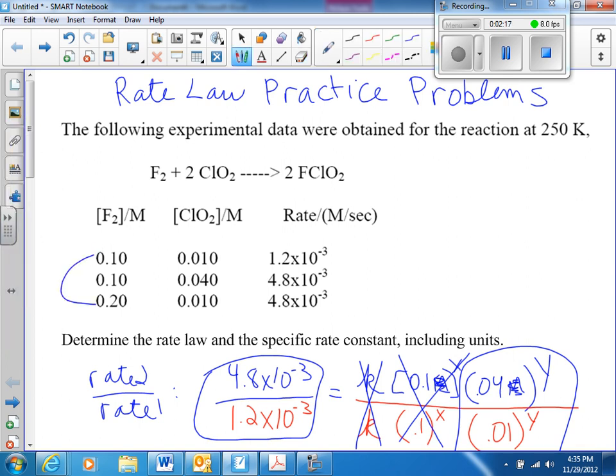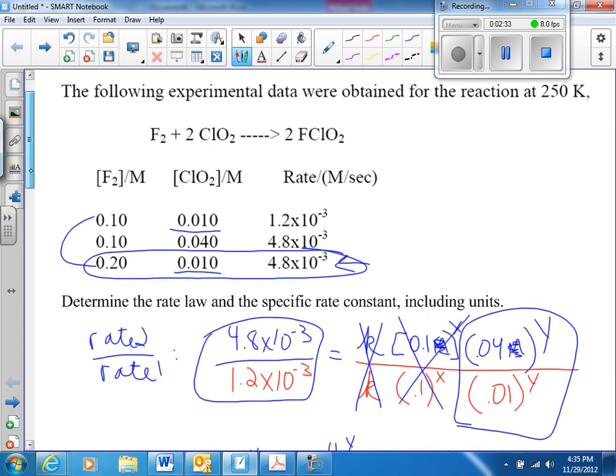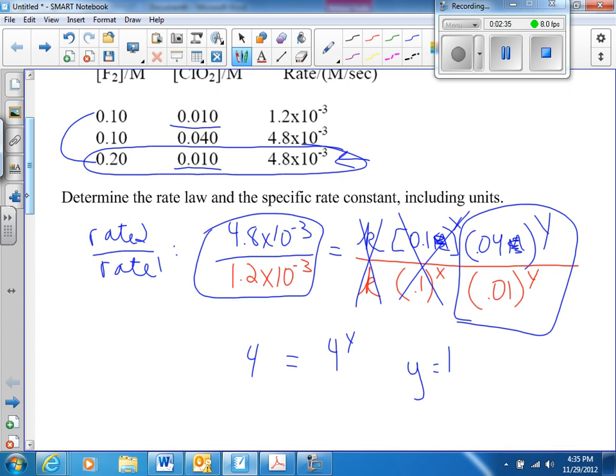So in experiments 1 and 3, the chlorine dioxide is constant and the fluorine is changing. And I see that the rate for experiment 3 is larger than the rate for experiment 1, so I will do rate 3 over rate 1. I will start with the third one.